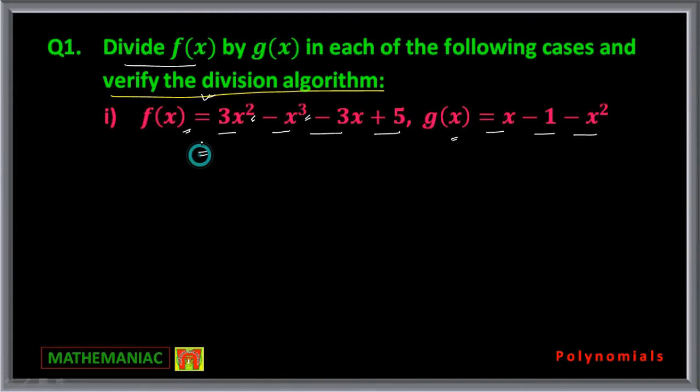So your first responsibility is to rewrite f(x) in such a way that the powers of the variable become decreasing. Similarly, here also you can check it: minus x squared will come first, then x, then minus 1. But be alert, when you write all these, you must be sure that you are not changing the sign. Signs should be maintained. Like this was minus x squared, so here also it is minus x squared, right?